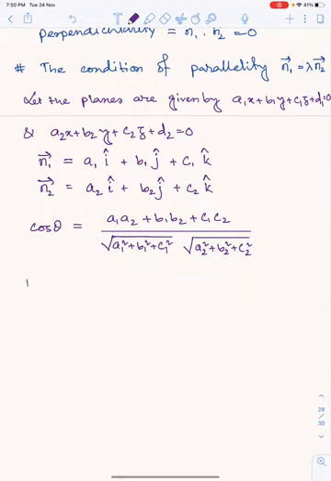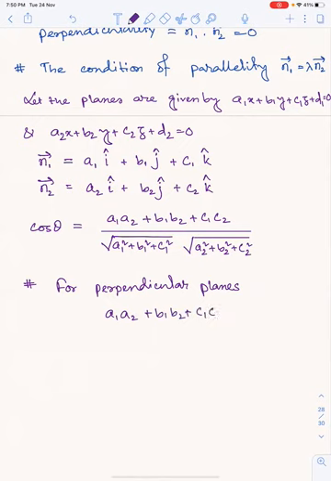The condition of perpendicularity: the numerator has to be 0. a1 a2 plus b1 b2 plus c1 c2 is equal to 0.